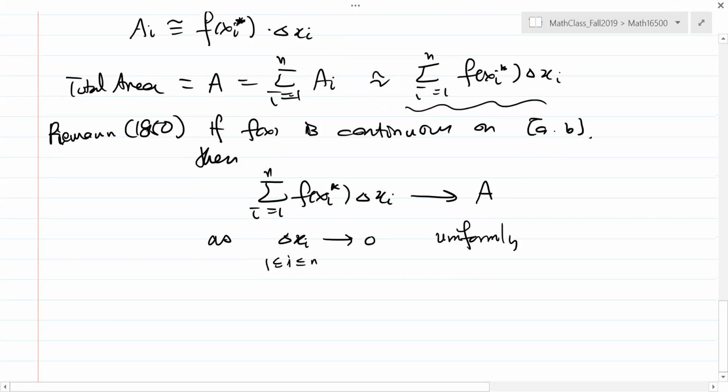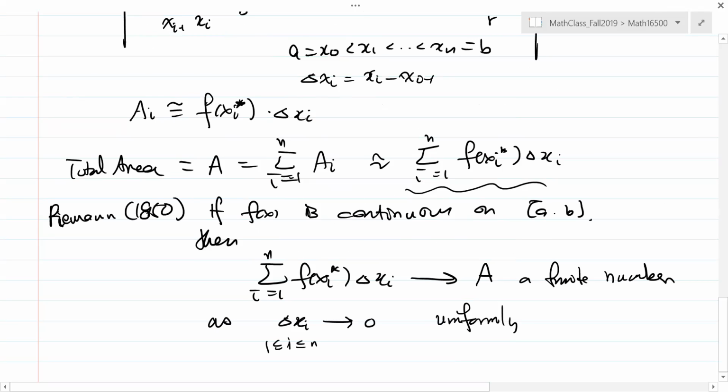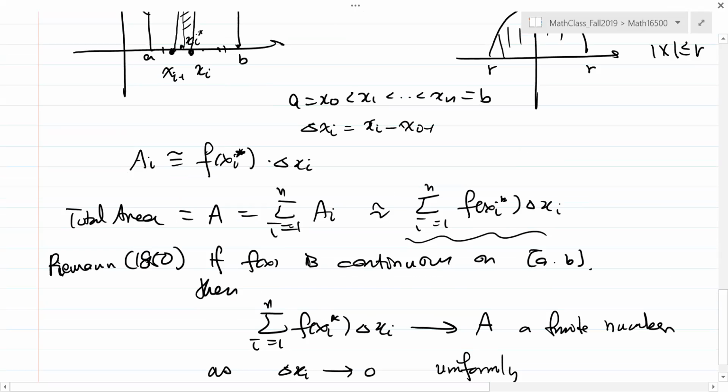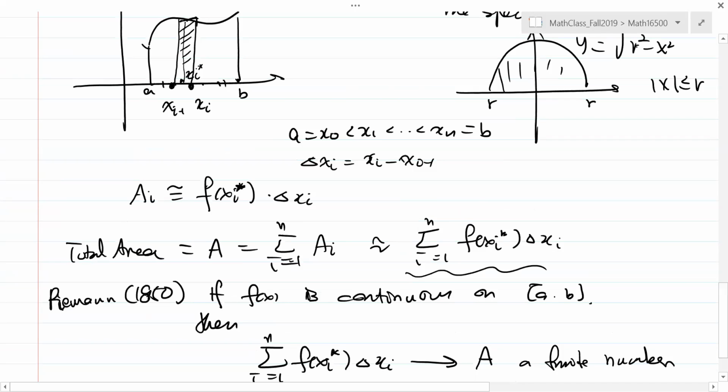So the limit approaches a finite number, unique. And this A is called the area of the region. First of all, you know, the area, if it can be defined, can be approximated by those finite sums.